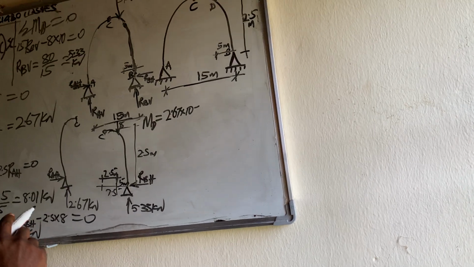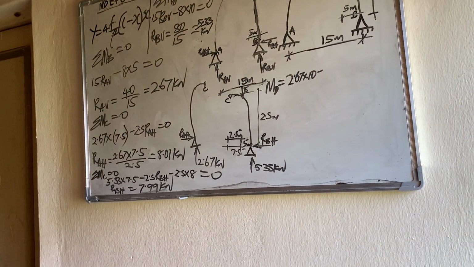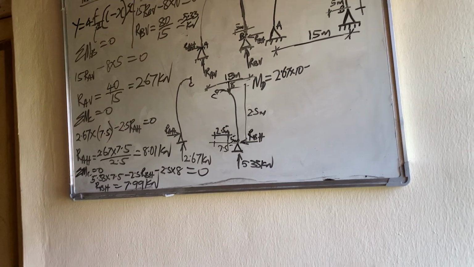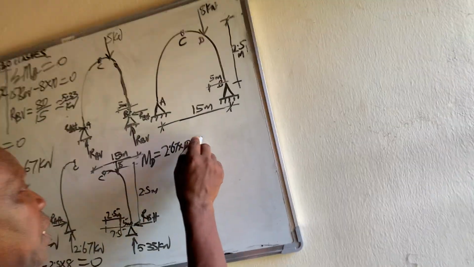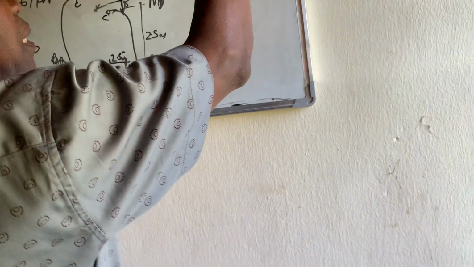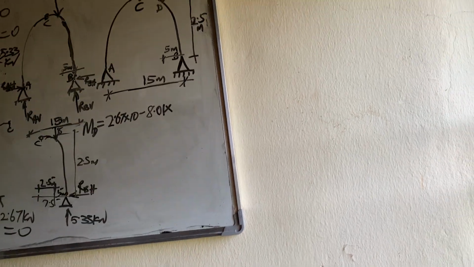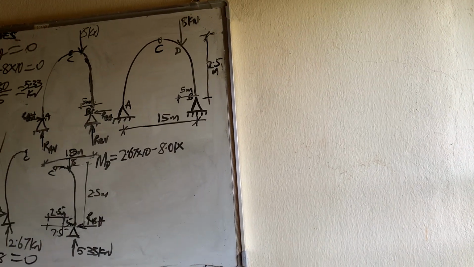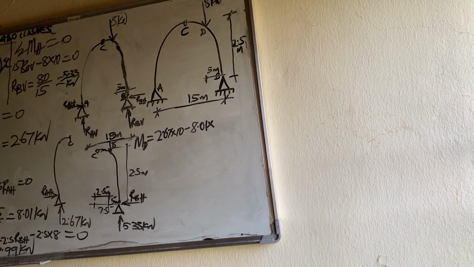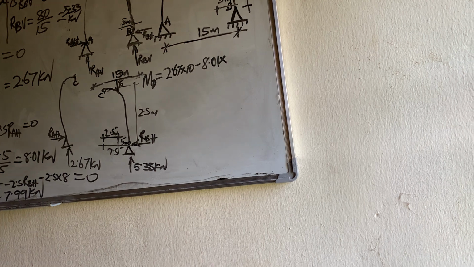What do we get RA horizontal to be? 8.01. So minus 8.01 times the distance, that's the height from here to the load, which is 2.22.